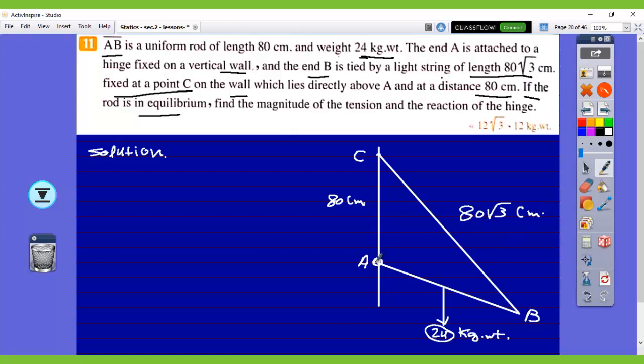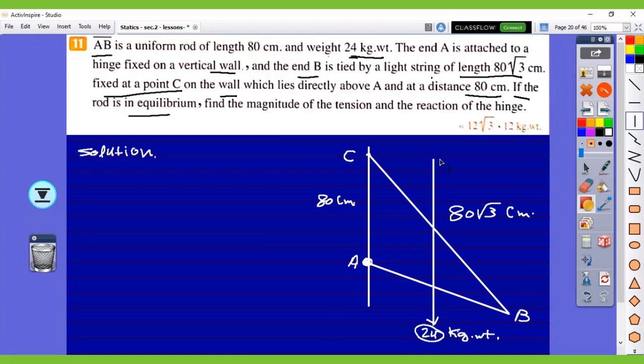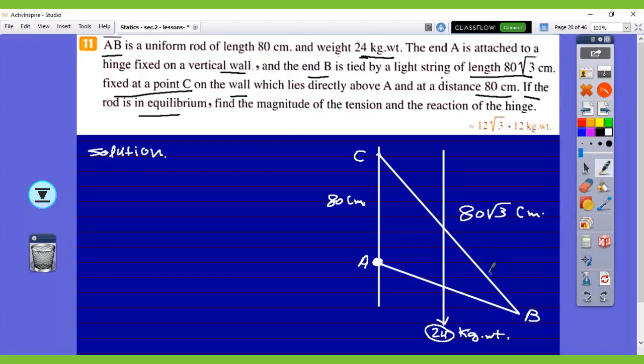The reaction of the hinge, its direction is unknown. So we extend the line of action of the weight like this, and the tension in the string will be in this direction.